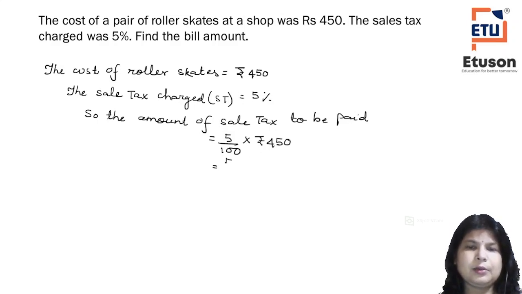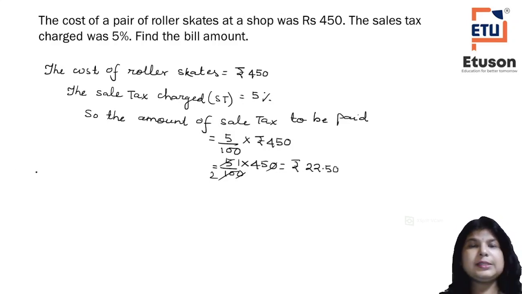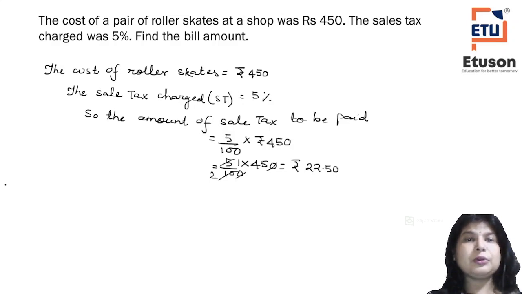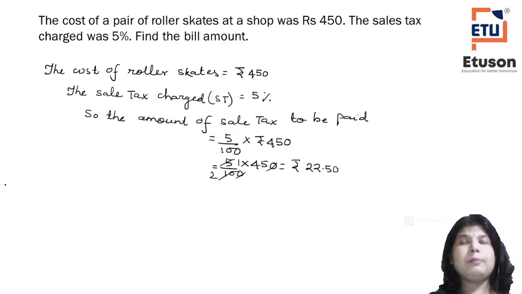So you get 5 by 100 into 450. So you get 1 by 2, and that is equal to rupees 22 and 50 paisa, right? So this is the extra amount which has to be paid by the customer in addition to the cost of the item.